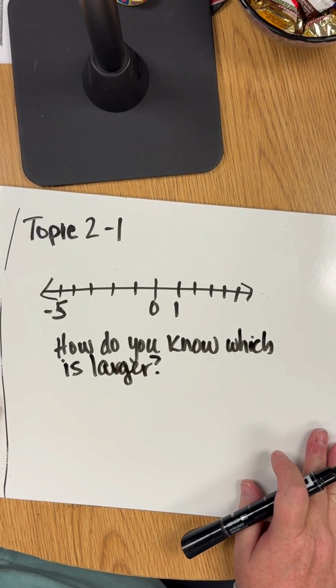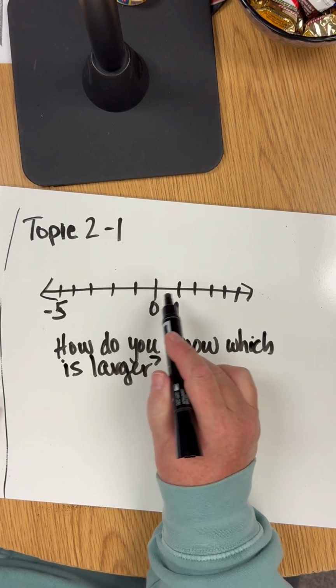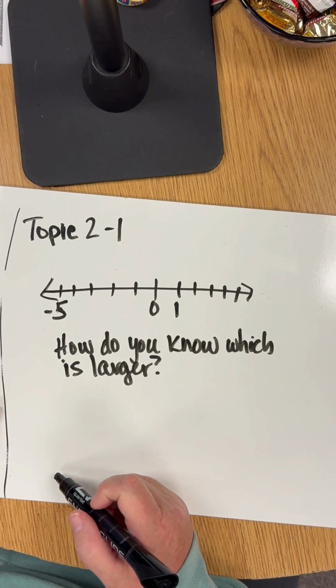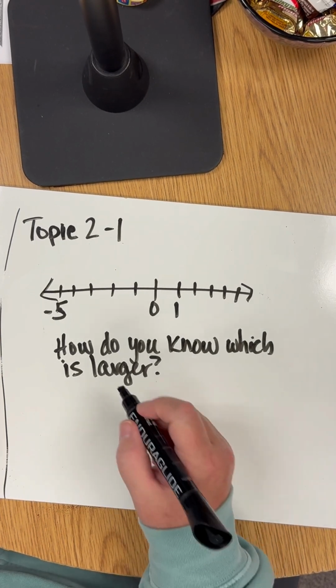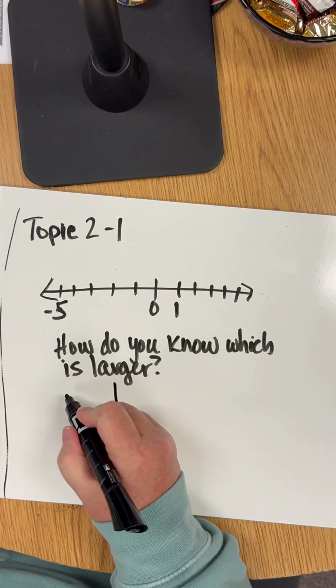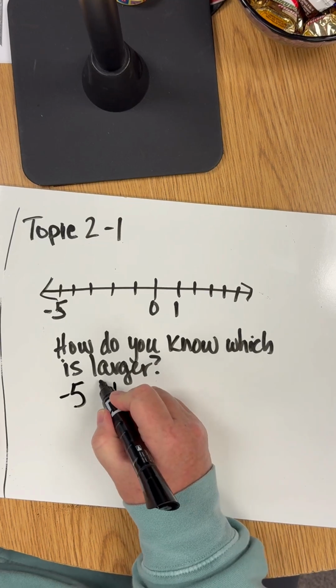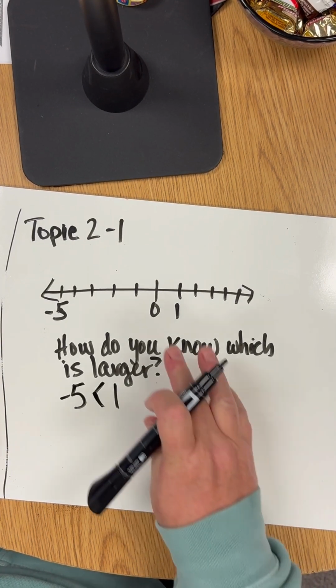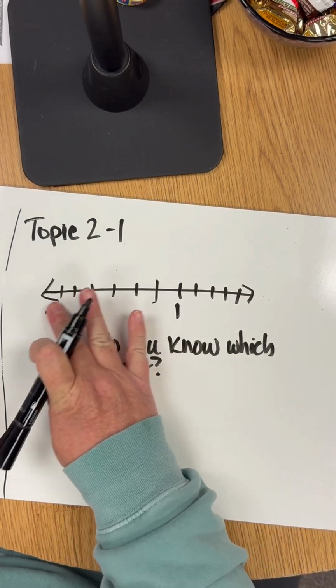All right, so this time it's not so much about being far away, it's going to be to the right of the 0, or closer to that 0 if we're on the left-hand side. So obviously we know that if we have negative 5 and 1, negative 5 is less than 1.